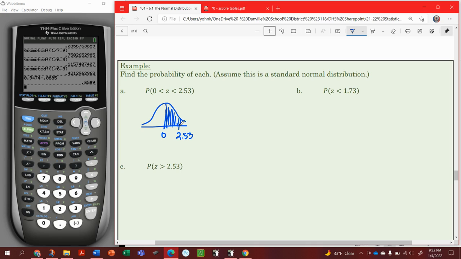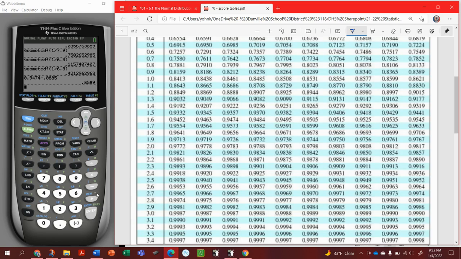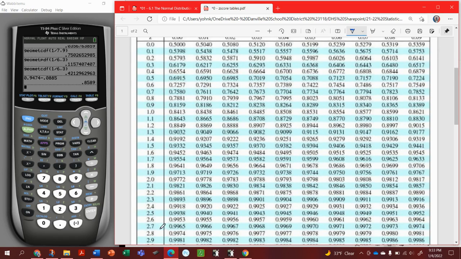Well, in order to do this, I'm shading in between, so I look up both values in my table, and then I subtract bigger minus smaller. So I'm going to first look up 2.53. So if I go to my z-score table, 2.53 is going to be 0.9943.